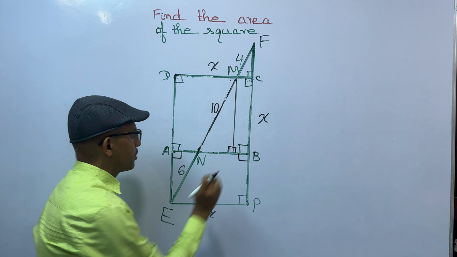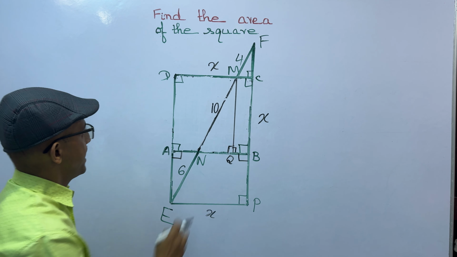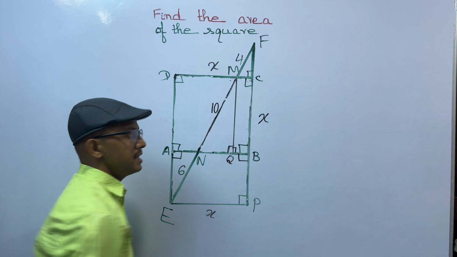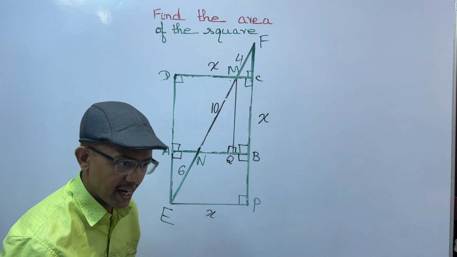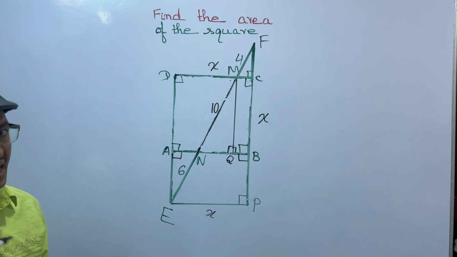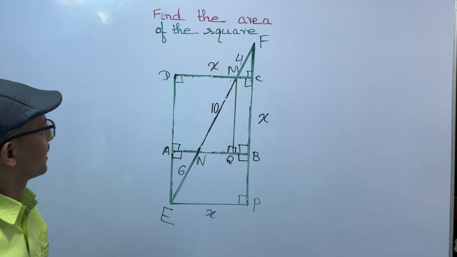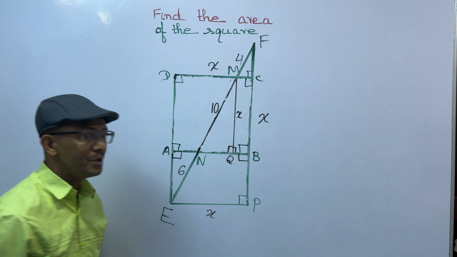So if the perpendicular intersects AB at the point say Q, then MQBC is again a rectangle because all the three angles measure 90 degrees. So the fourth angle should also measure 90 degrees. Once again, opposite sides of a rectangle are equal. So MQ will also measure x unit.